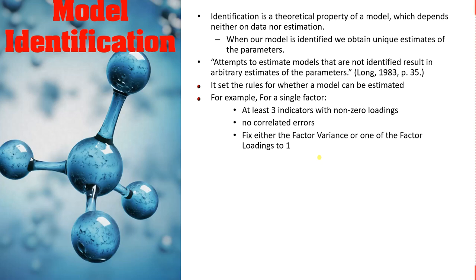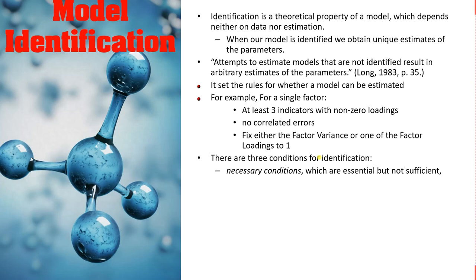Similarly, for structural relationship models, there are other conditions. So when we are identifying the model, there are conditions of different kinds. The first are necessary conditions, which are essential, but the mere presence of those necessary conditions will not ensure identification because they are not sufficient conditions.